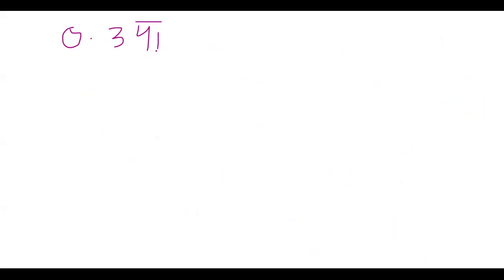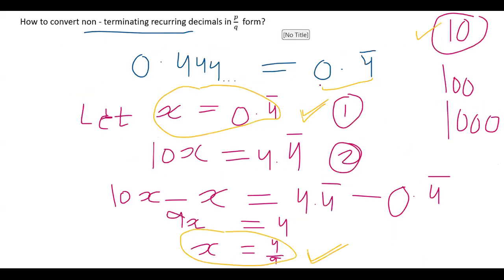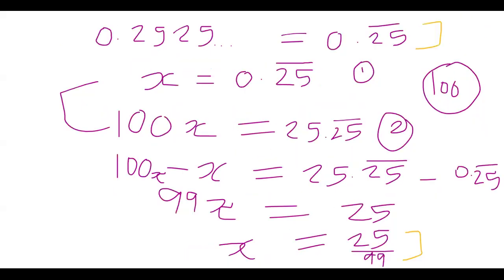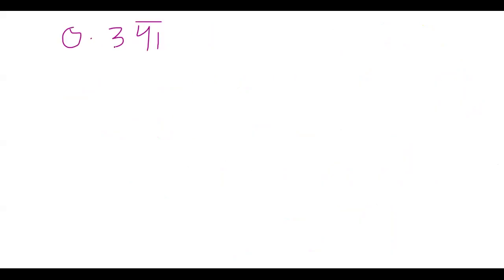So we will do one more step in such cases. In the first case, after the decimal, 4 was repeating. In this example, 25 was repeating. There were no digits that were not repeating after the decimal. Every digit was repeating. But in this case, the digit 3 is not repeating after the decimal.